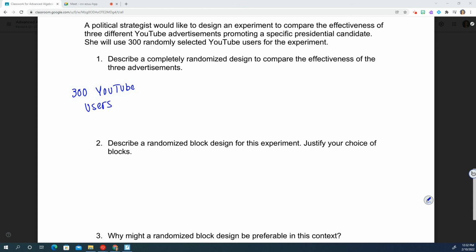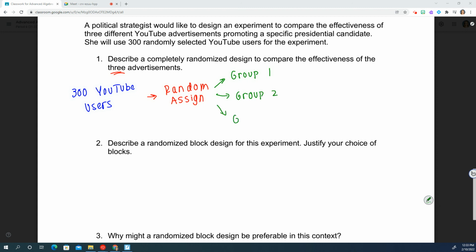If I want to do a completely randomized design, I'm going to assign them a number 1 through 300 and randomly assign them into 3 groups, because that's what we're comparing here, 3 different advertisements. So we're going to do a random assignment into 3 groups. We'll just call them group 1, group 2, and group 3.